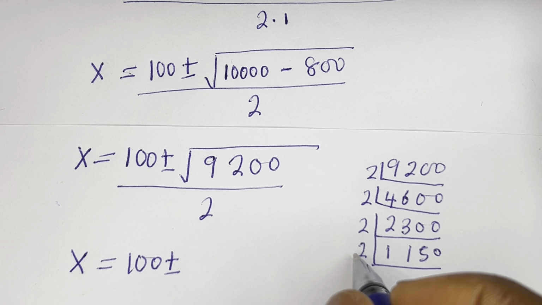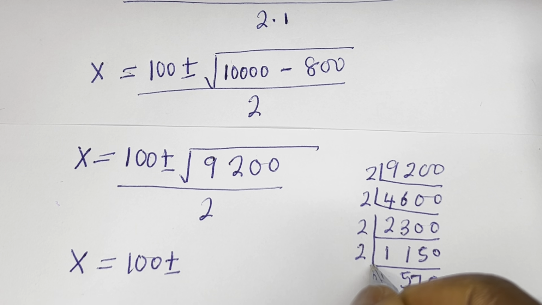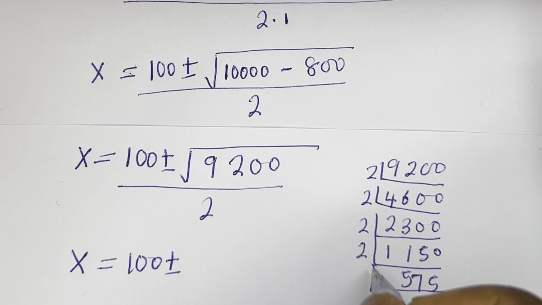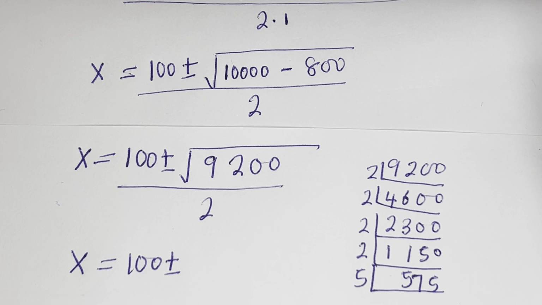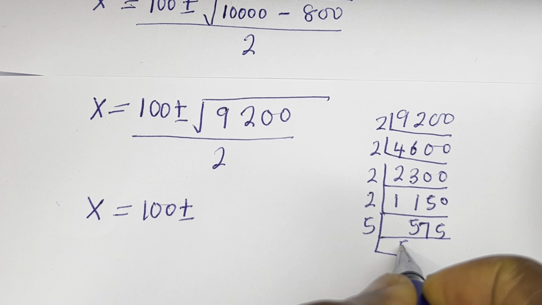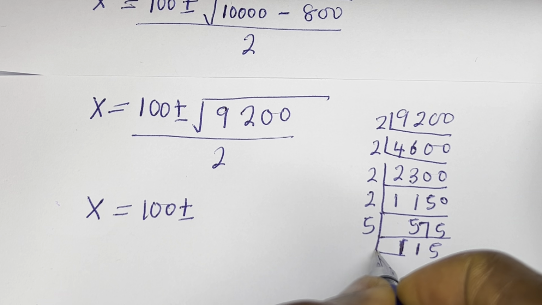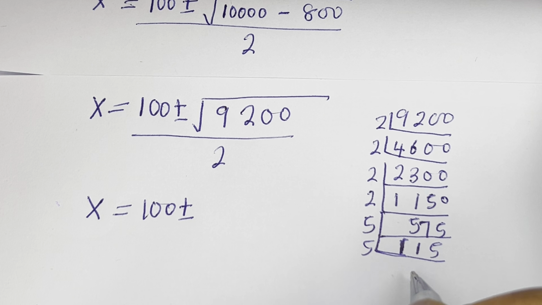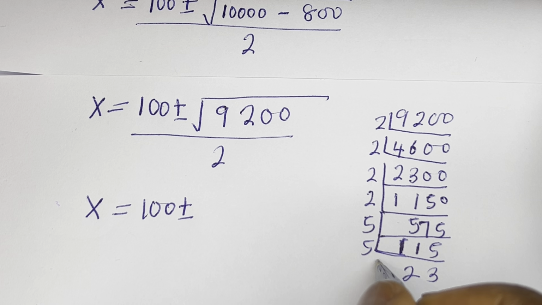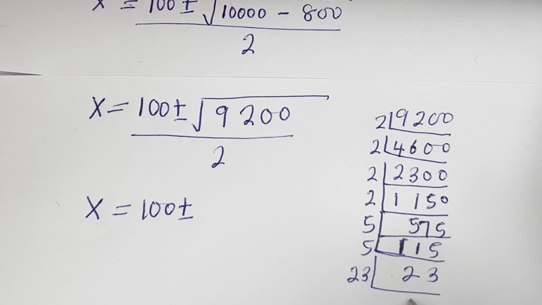Then here we have 575. And this is divisible by 5. Then here is 115. This also divisible by 5. And this is 23. So this is divisible by 23. So this is 1.